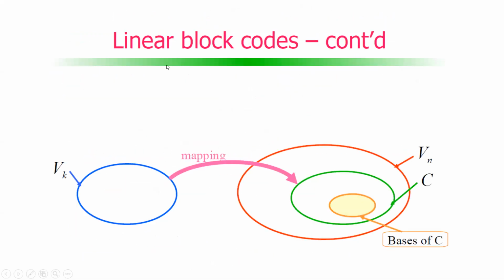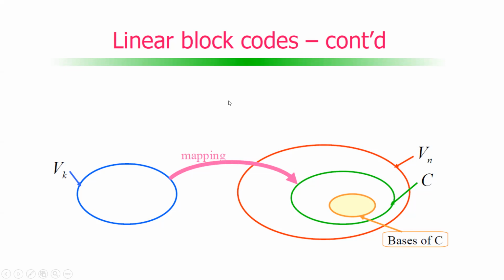So how can we do this mapping? I can put a lookup table in which, on one side, I will put the number of combinations of the input, and on the other side the number of combinations of the output. So there will be a one-to-one mapping.